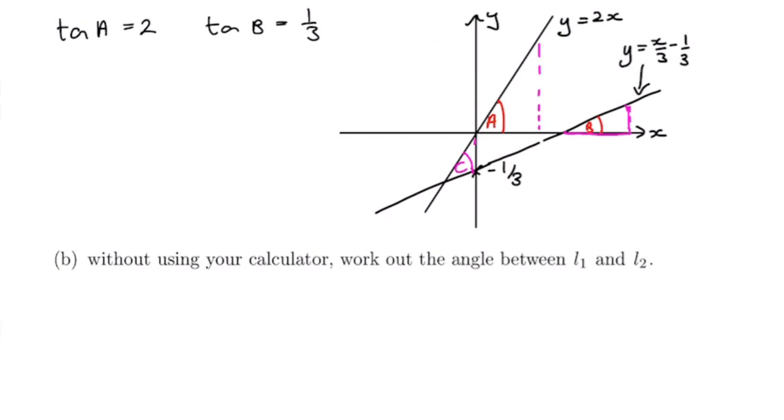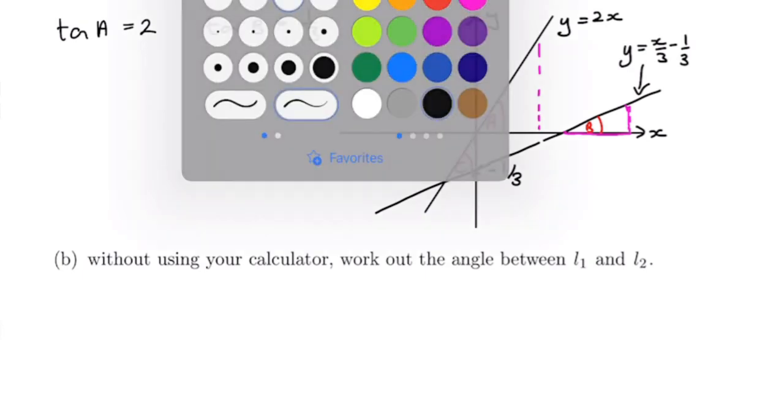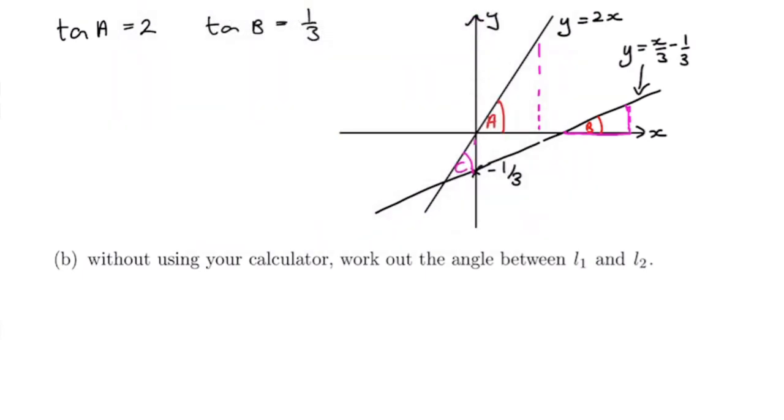If you look at that triangle, what you could work out is that angle C is A minus B. In the triangle here you can see that this one is B, this one of course is 180 minus A, and therefore you can work out that C is A minus B.